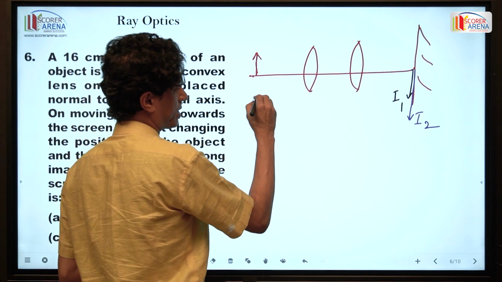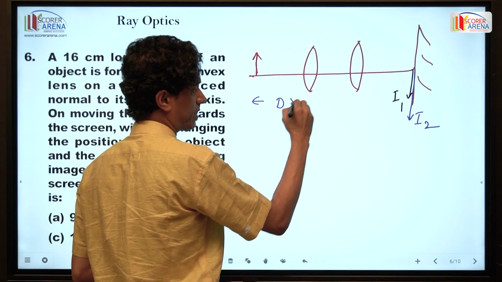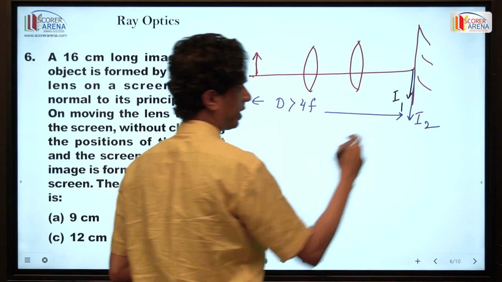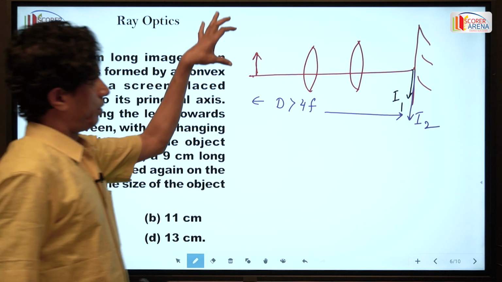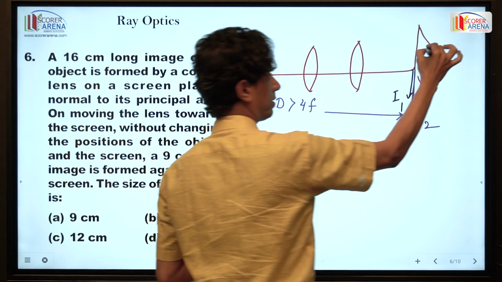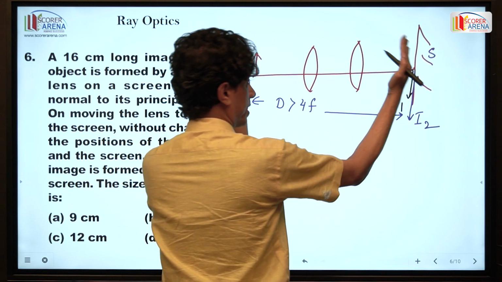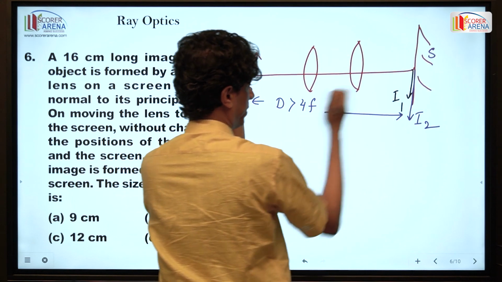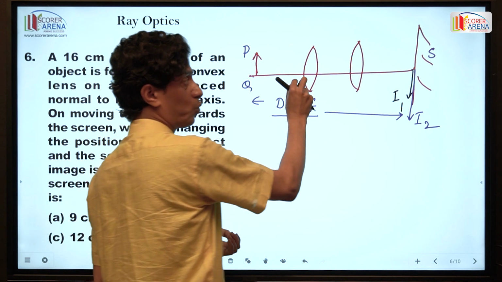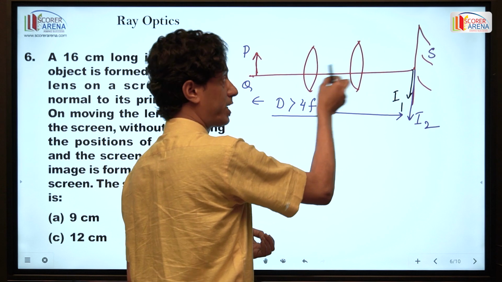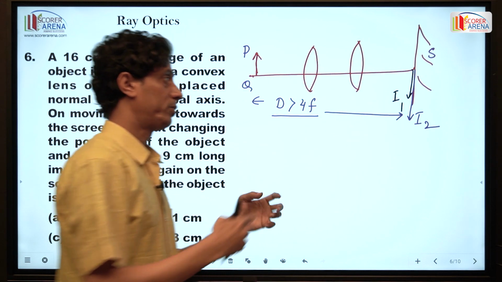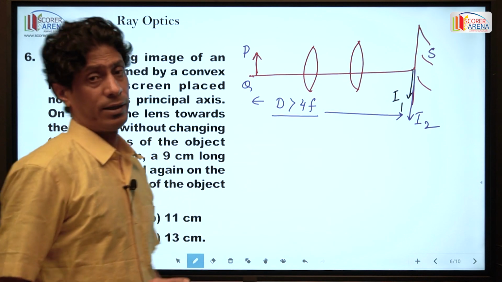If the distance between object PQ and screen S is greater than or equal to 4f, then for two positions of the lens, we can displace the lens in between these two, and two real images can be formed on the screen.